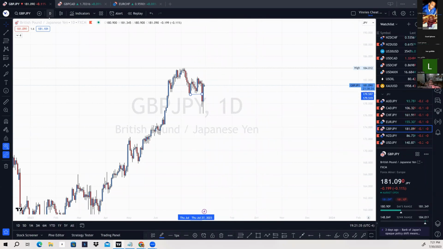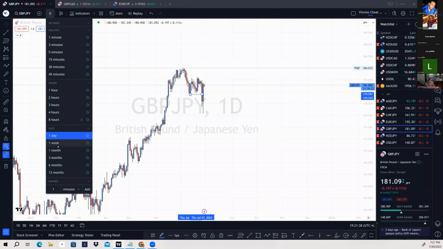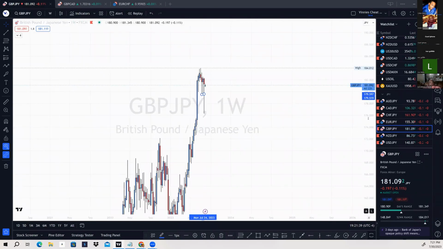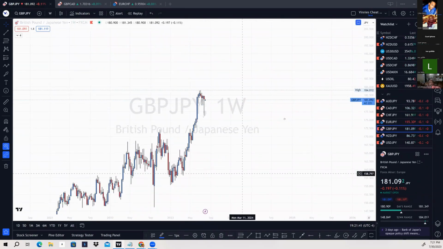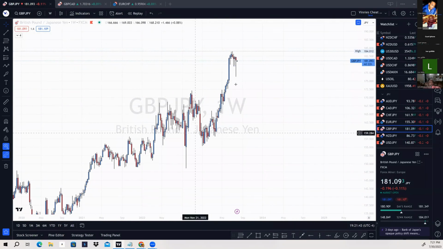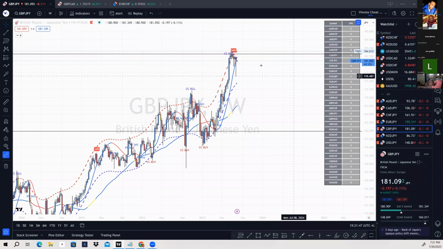Again, if we go to a higher time frame, let's say the weekly time frame, let's take a look at what the weekly is telling us. We know that the overall trend is bullish, but we're getting the pullback. So if we turn on the indicator, again, the indicator is highly, highly accurate. There's no indicator out here as accurate as a cheat code system, hands down, guaranteed.